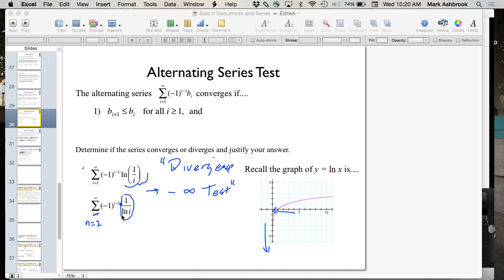And does that sequence go to 0? Yeah, ln of i just keeps getting larger and larger, so 1 over ln of i will approach 0. We've got both criteria met, and it's alternating. Therefore, it converges by the alternating series test.